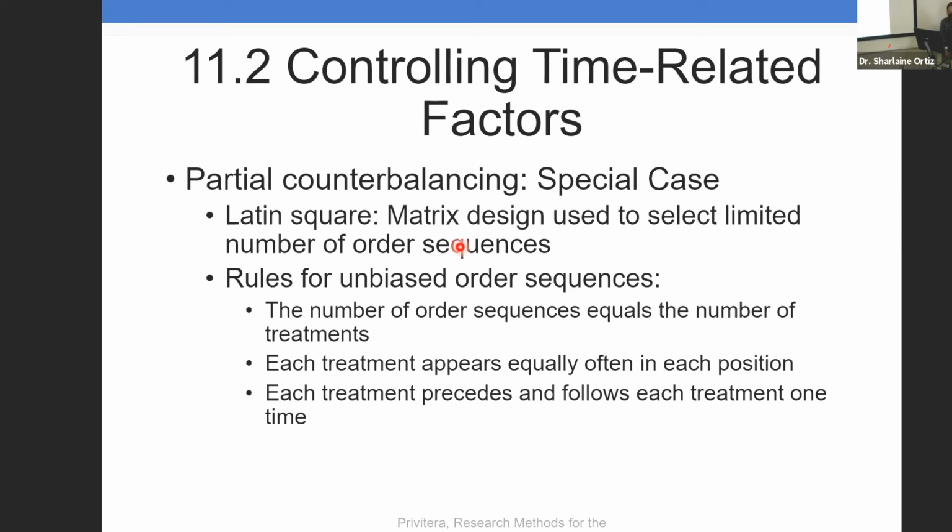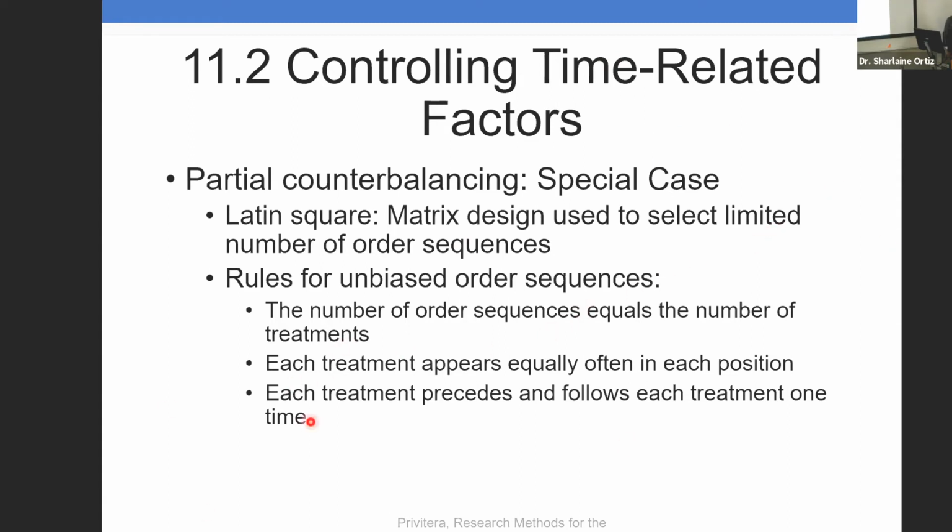It's usually utilized in order to have a procedure that is unbiased, that we don't have a set particularly geared towards that combination, but rather it is unbiased. And it's generally used when it is difficult to counterbalance all of the potential sequences.